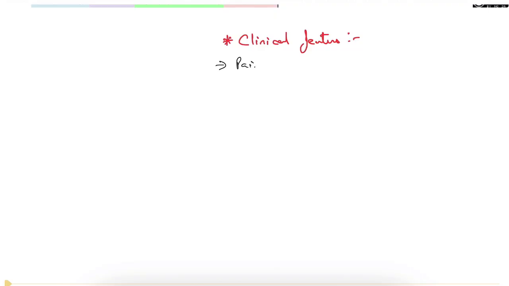The clinical features will be pain, swelling, redness, fever, and chills. So the clinical presentation will be like a patient develops red, hot, tender, swollen skin and fever. So same to same like the cardinal signs.